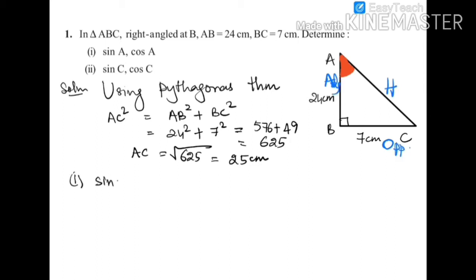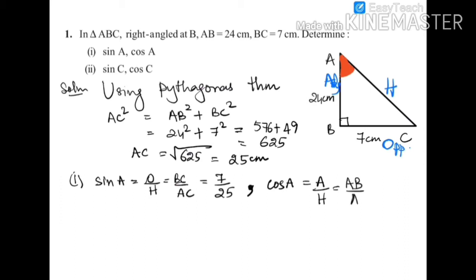So sine A is opposite upon hypotenuse, which is BC upon AC. So that will be 7 upon 25. Cos A will be adjacent upon hypotenuse. So from the figure, adjacent side is AB, hypotenuse is AC. On substituting the values, this will be 24 upon 25.